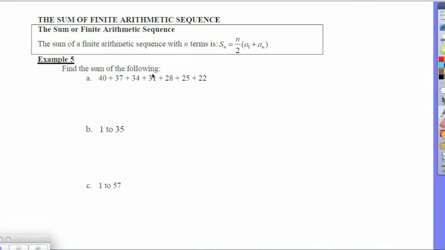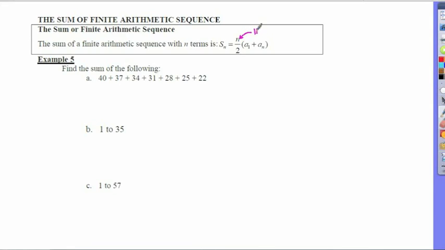Okay, and when it comes to finding the sum of a finite arithmetic sequence, finite just means that it starts and stops. You have a formula and it's really easy. S of n means the sum of however many term numbers you have. N means the number of terms, so let's write that up here.